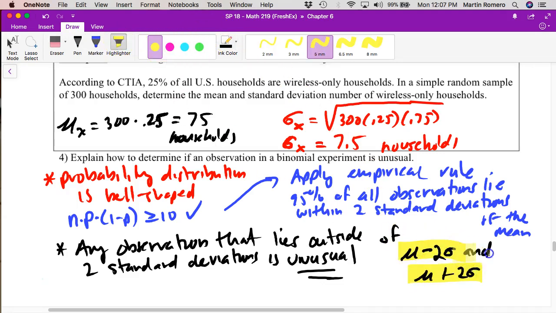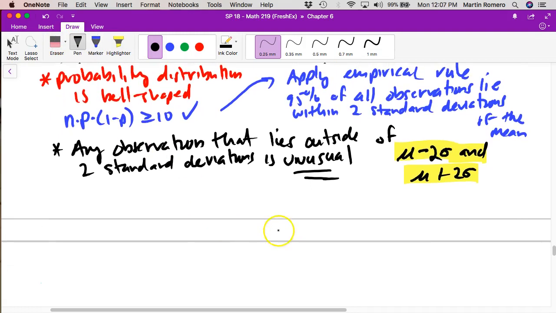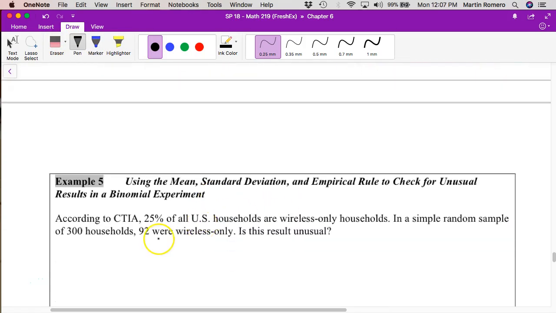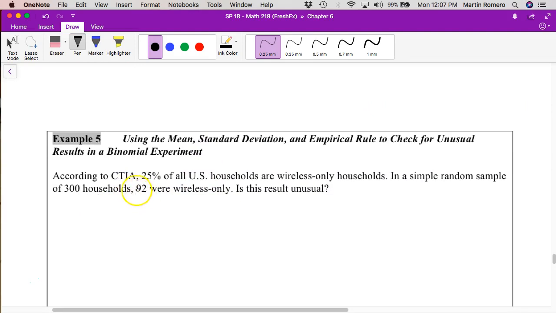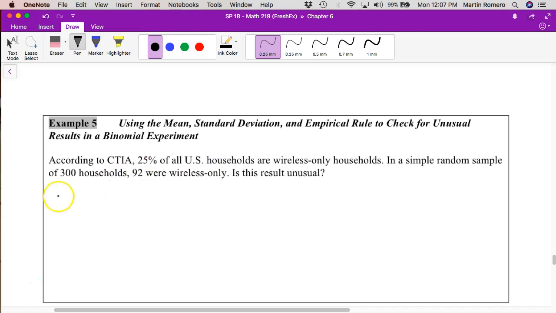We'll do one right now on this problem here, where we have 75 and 7.5. According to the information we just had, the mean of that variable was 75 and the standard deviation was 7.5.